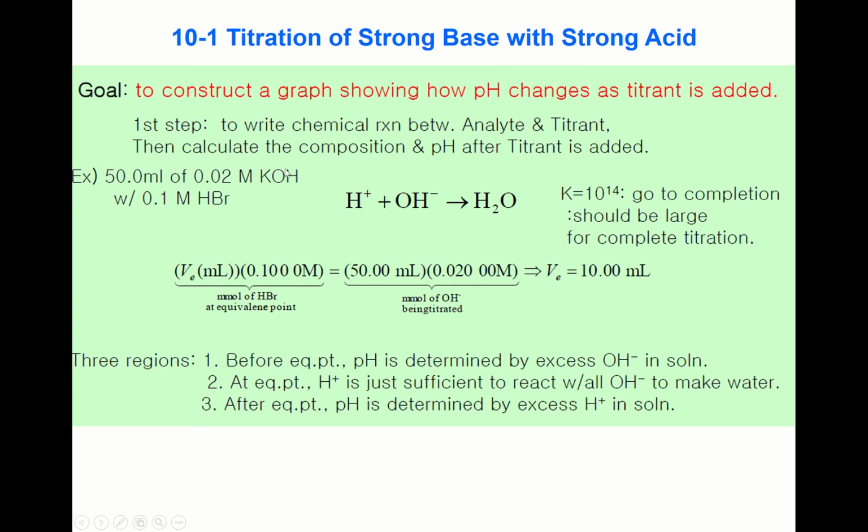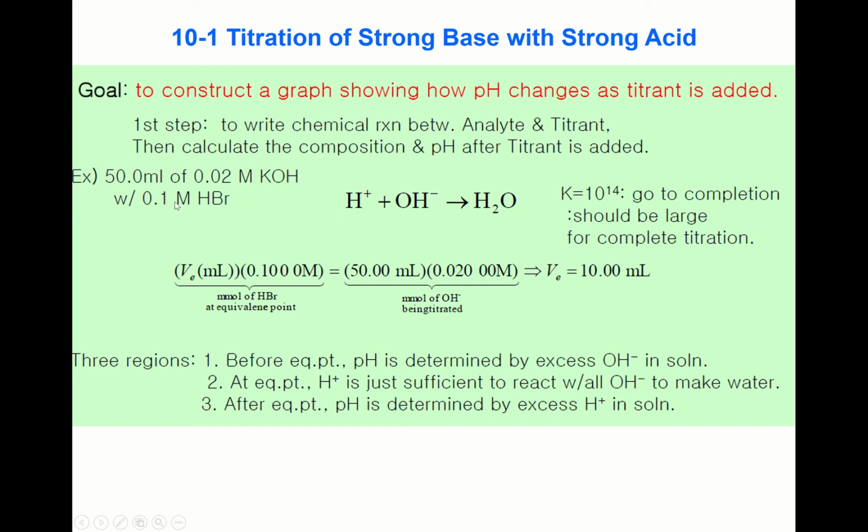All right. In this case, in order to find the equivalence point, we must first calculate it. That means we have to calculate the volume of this strong acid needed to reach the equivalence point.